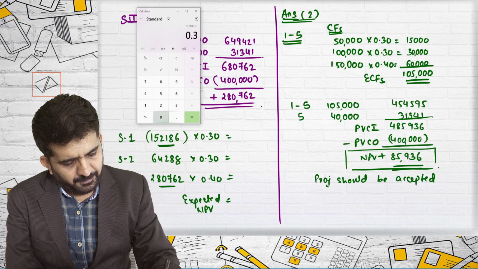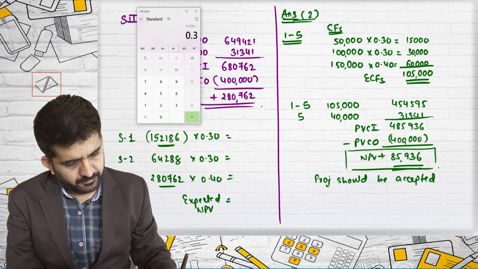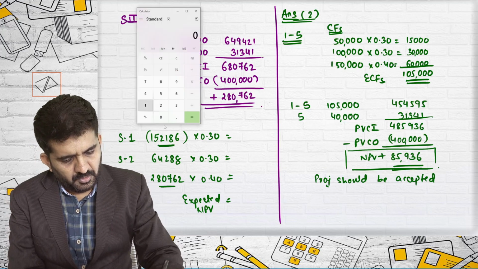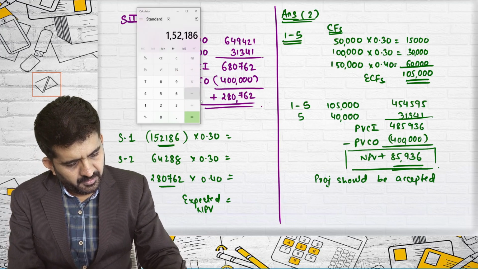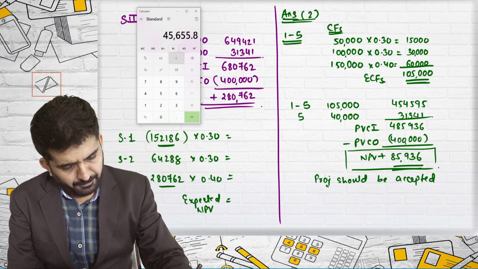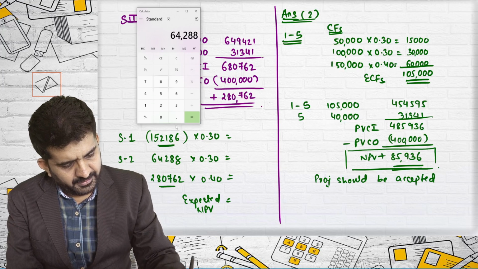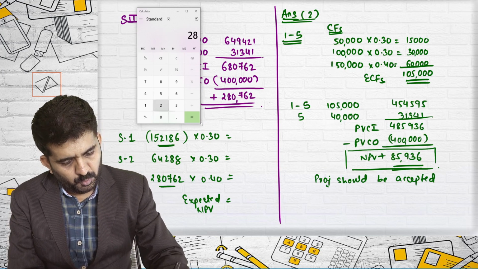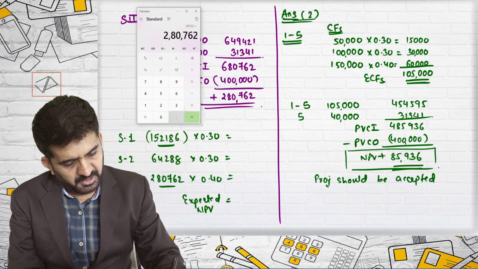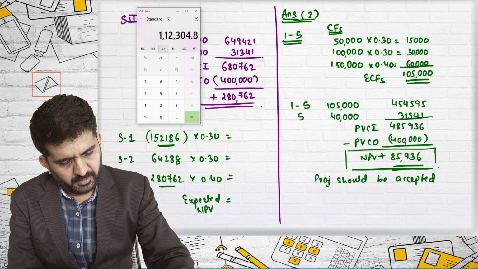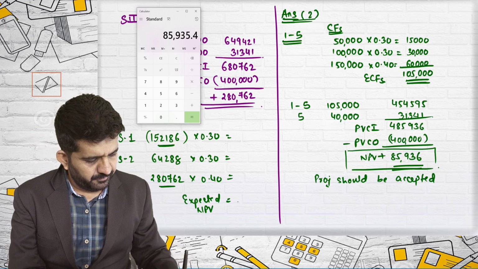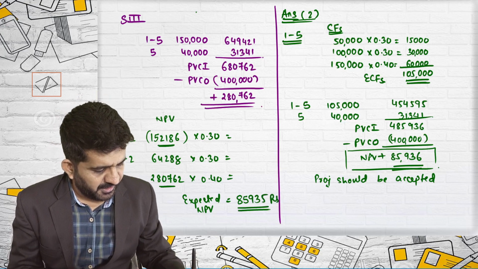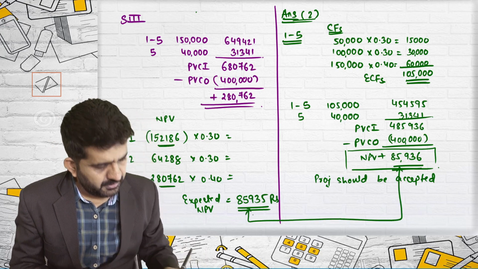Negative 152,186 multiplied by 0.30, plus 64,288 multiplied by 0.30, plus 280,762 multiplied by 0.40, equals 85,935. This is nothing but the expected NPV, and the two answers will be the same.